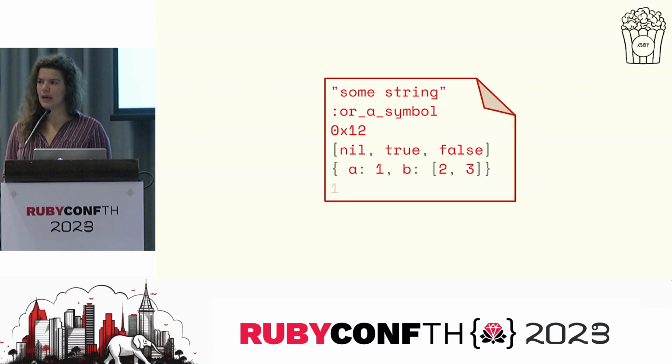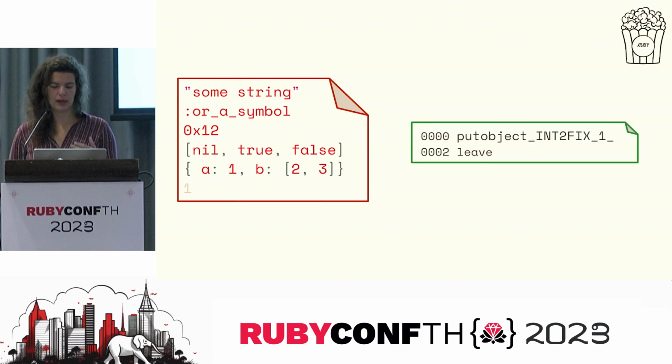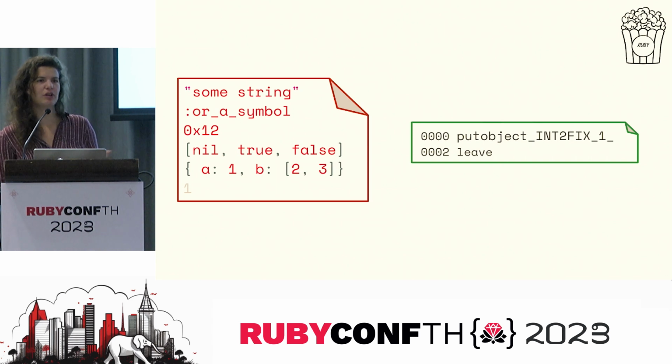Or even you could imagine we could have a nested hash like this, where there are no side effects in this hash, right? It's just symbols and numbers and arrays. And so this hash is going to generate no instruction sequences. And if we indeed run this through our compiler, all we're going to get is a slight optimization on put object 1, right? Just put object 1 and then leave. For all this code, we're only going to get one instruction, which I think is a really neat way that Ruby is working behind the scenes for us.